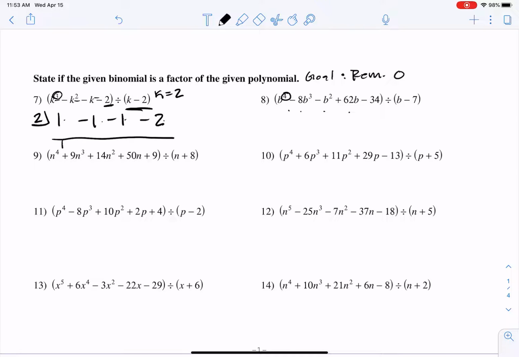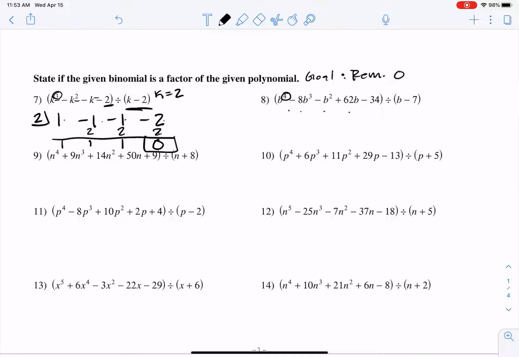Okay, so 1 we bring down. 1 times 2 is 2. Add, and we get 1, multiply. 2 times 2 is 4. Multiply 1 times 2, which is 2. Add, we get 1 again. Multiply 1 times 2 again, we get 2, which gives us 0.